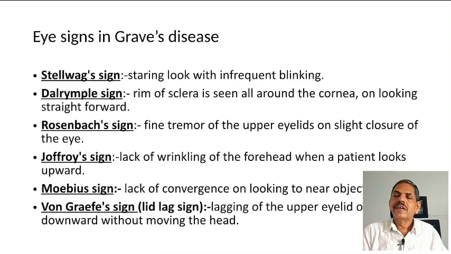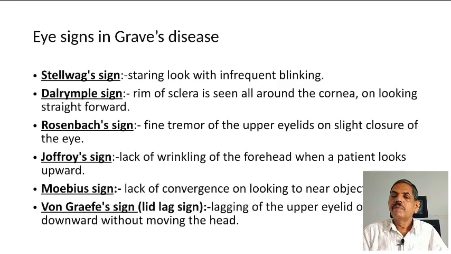It is better to discuss the other signs in Graves' disease. There is the Stellwag sign, that is the staring look and infrequent blinking. Then it is the Dalrymple sign, rim of sclera seen all around the cornea when the patient is looking straight forward.